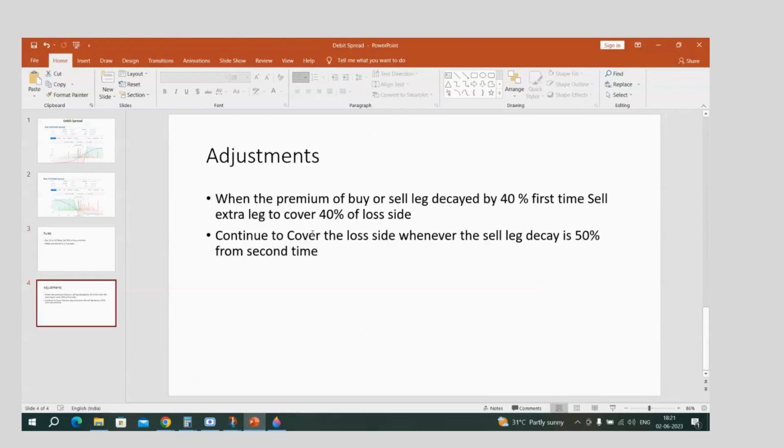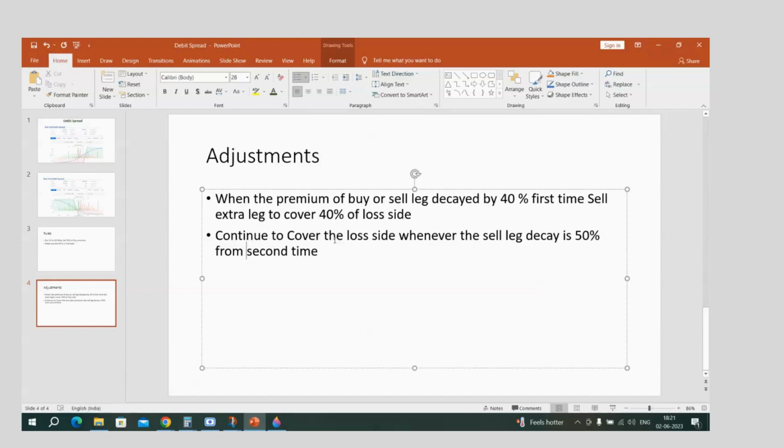And for adjustments, you will understand more when we do the back testing, and you may get confused if I explain now. For the first time, whenever there is a decay of 40% in the buy leg or sell leg, we are going to sell one more leg which covers 40% of the loss side, 40 to 60%. It will vary, so we will see in the back testing.